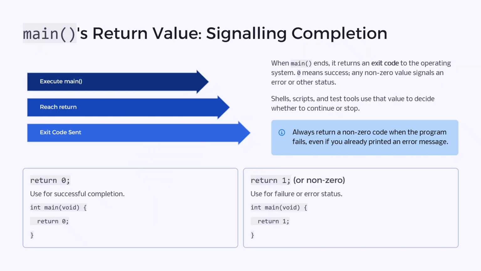Main's return value signaling completion. So execute main, reach return, and exit code. These three are the steps which are followed while executing the main function. When main ends, it returns an exit code to the operating system. 0 means success and any non-zero value signals an error or other status. Shells, scripts, and test tools use that value to decide whether to continue or stop.